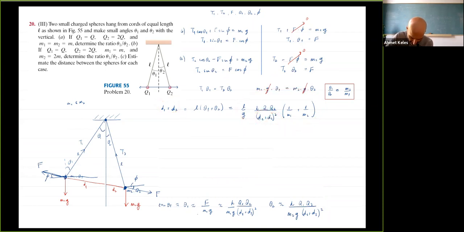Then I will get D1 plus D2 equal to L over G K Q1 Q2, times M1 plus M2 divided by M1 M2, to the power of 1/3. And that's the final result.